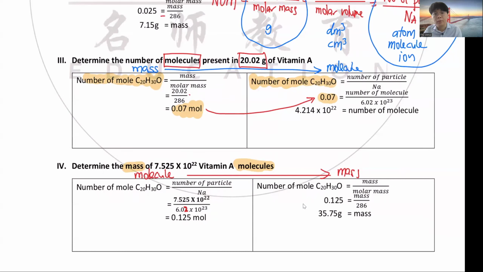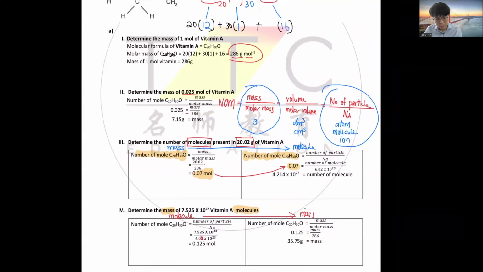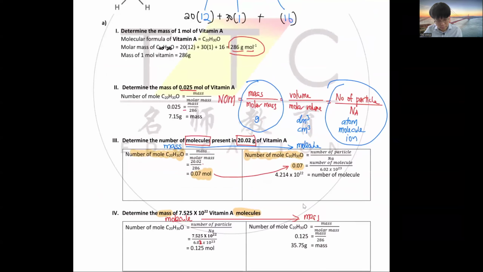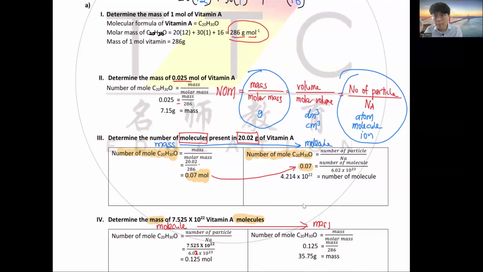Very simple one. They're going to give you the formula. So you calculate how many C, how many H, how many O. Then after that, from there, you'll have the answer later also.